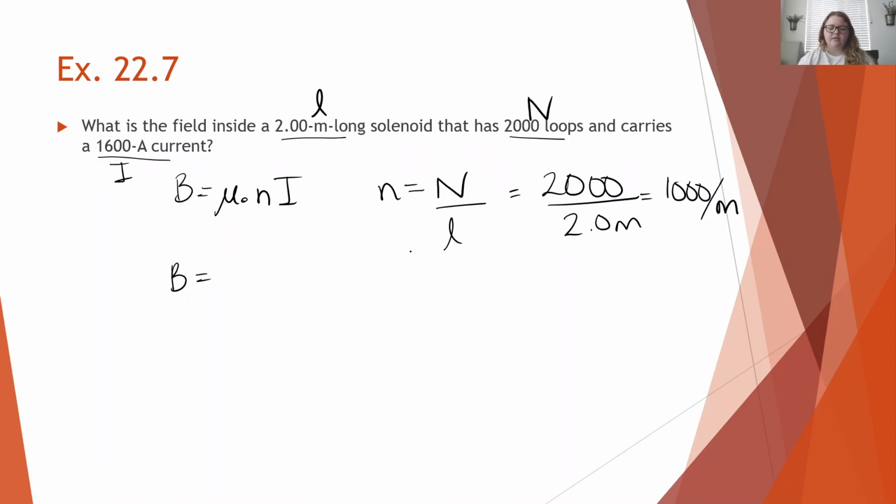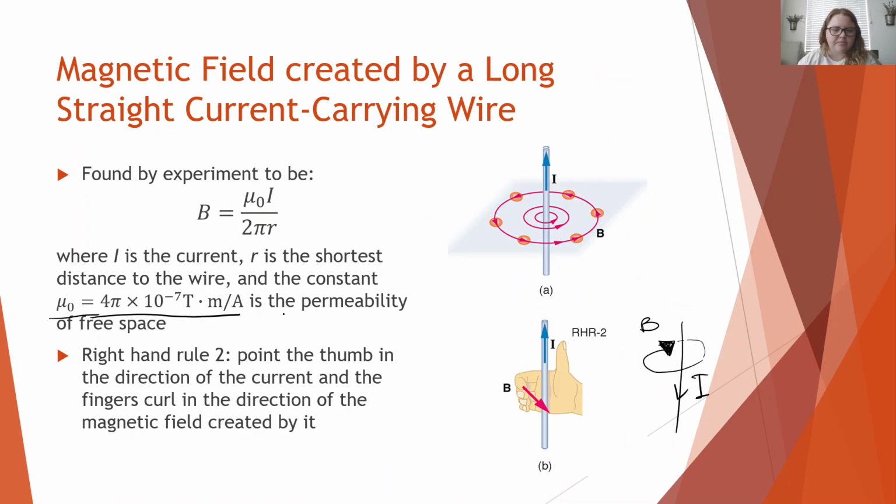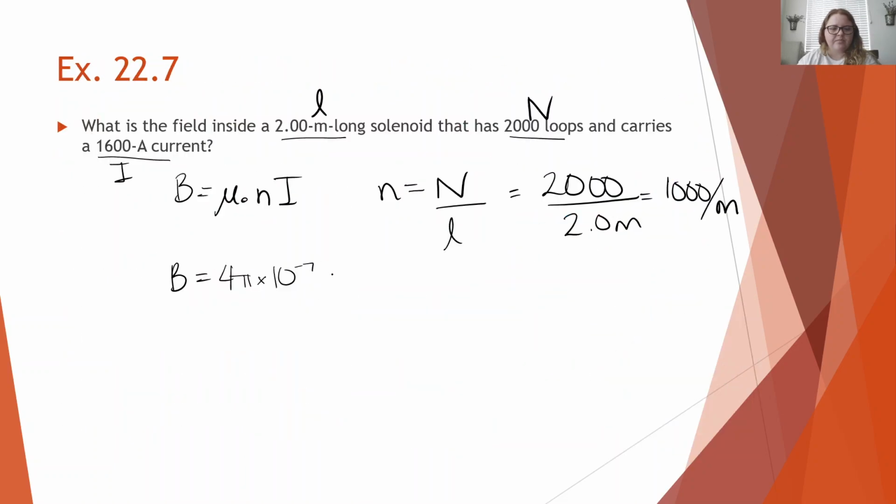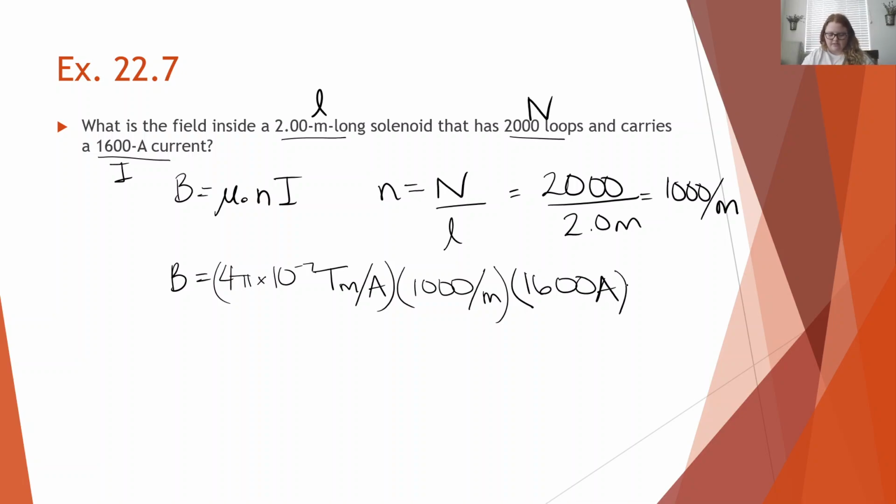That's the units. So then we have mu naught, which was 4 pi times 10 to the negative 7th. I don't remember the units on that, so I'm going to go back. Tesla meter per amp. Okay. Tesla meter per amp times n, which is 1,000 per meter, and our current, which is 1,600 amps. Okay, so let's do this.